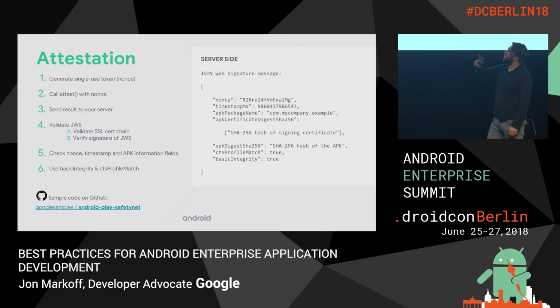The two really important pieces here, besides checking that this is the nonce I sent, this is the time I did this, and the package name to make sure this is the app we're talking about, are CTS profile match and basic integrity. CTS profile match means I'm on a genuine Android device that Google knows about, that we check with our CTS compliance suite, and the device is not rooted. It has not been compromised in any way.